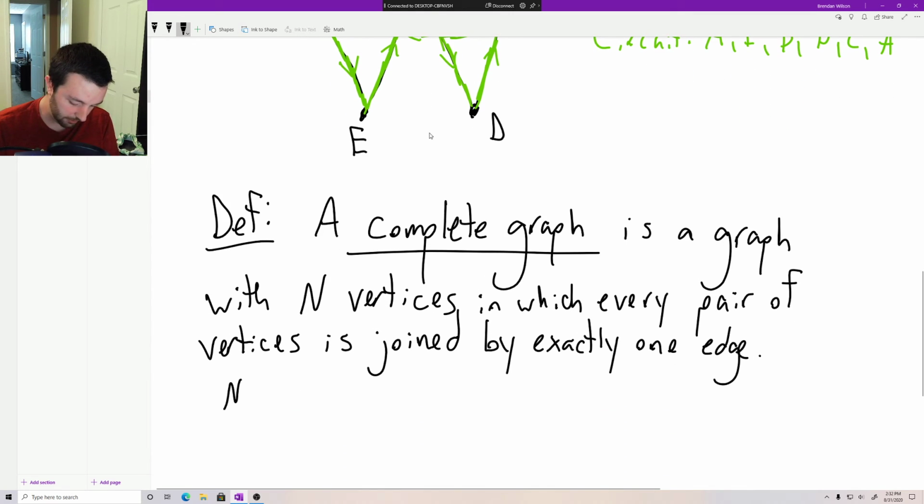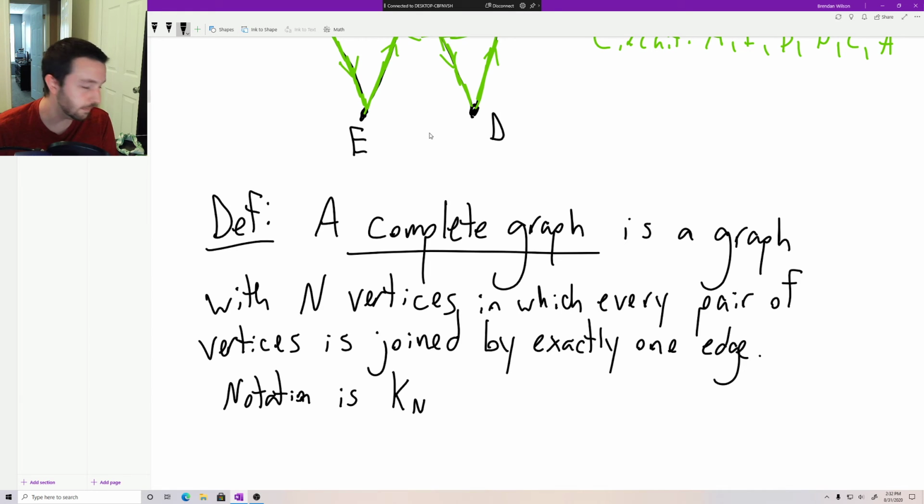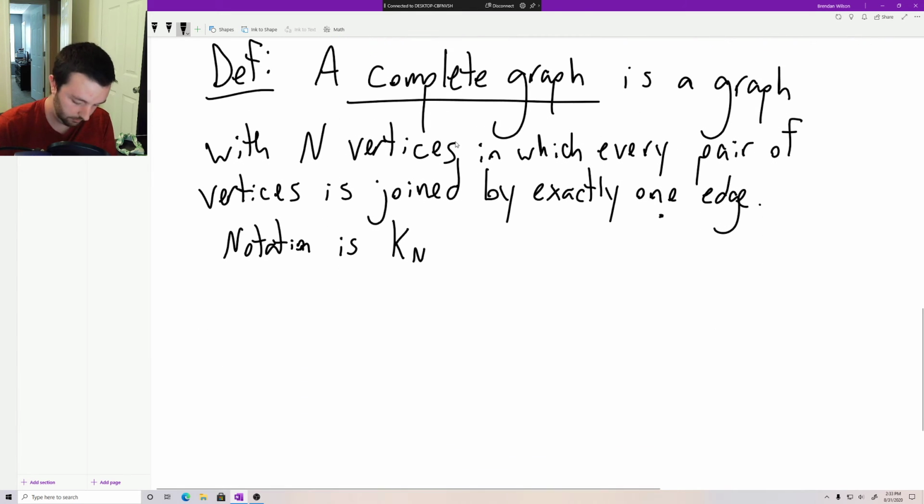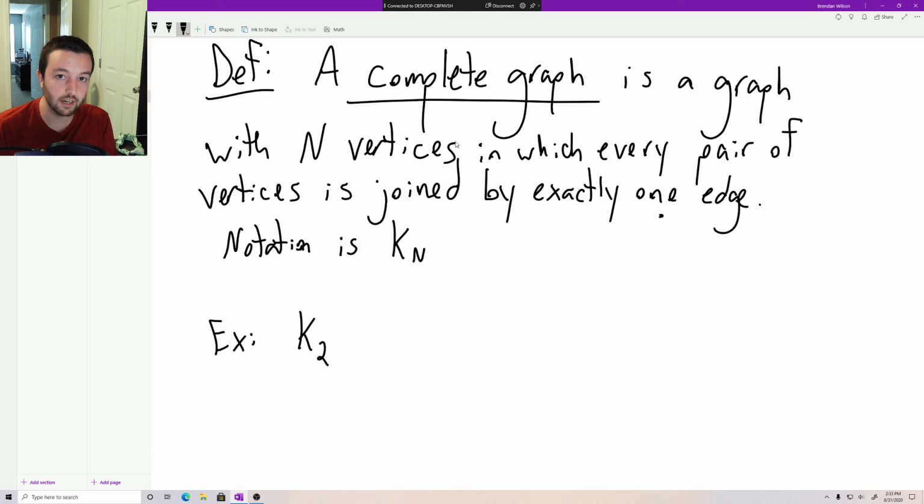The notation for a complete graph, by the way, is K with N as a subscript. So it looks like K sub N. So, for example, K2 is a complete graph with 2 vertices.